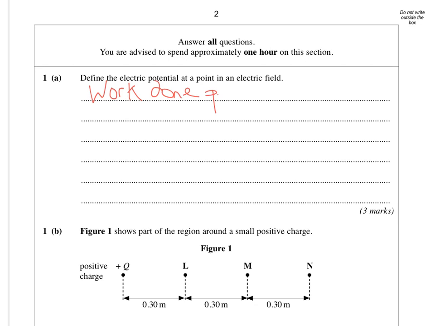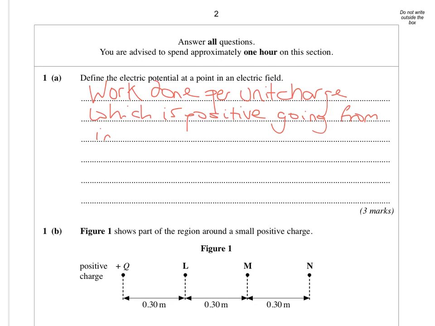Was the work done on each charge, so per unit charge, and it's going to be positive, so we'd always define potential in terms of positive point charges, and it's going from infinity to a point.